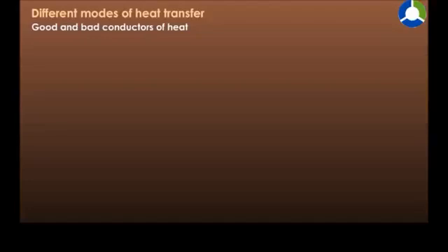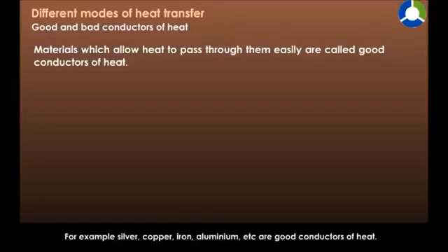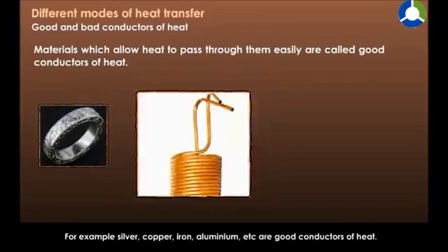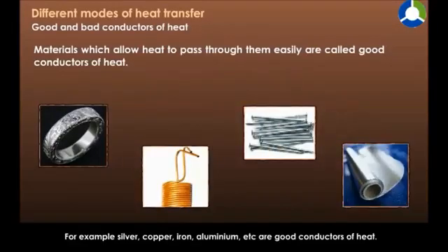Good and bad conductors of heat. Materials which allow heat to pass through them easily are called good conductors of heat. For example, silver, copper, iron, aluminium, etc. are good conductors of heat.